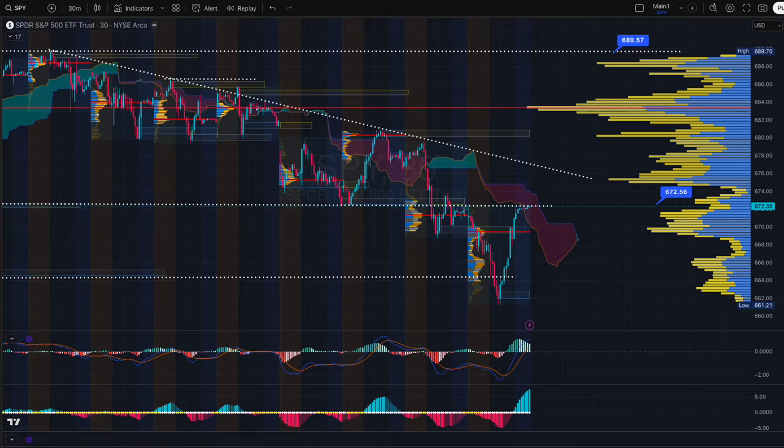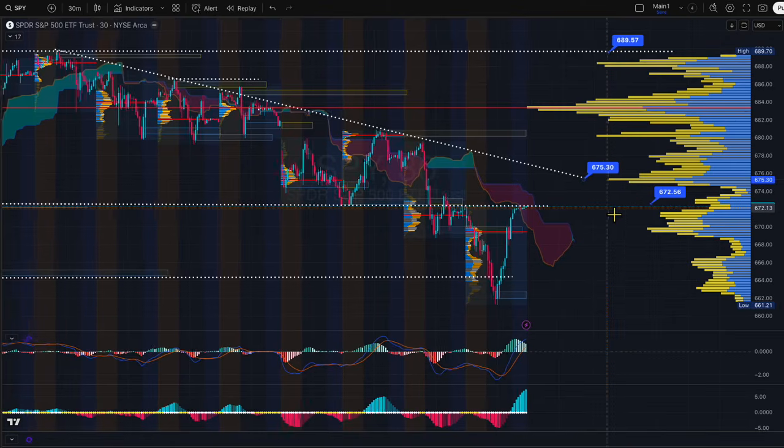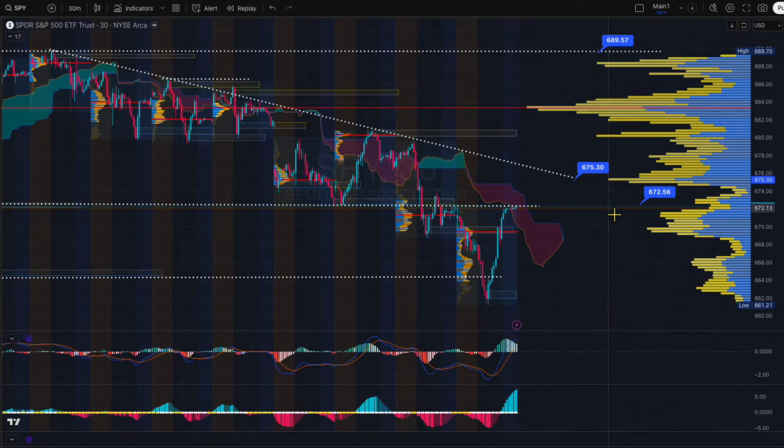So we're going to keep certain areas in mind for the coming days. Keep eyes on the 675 area tomorrow somewhere, and see what happens.